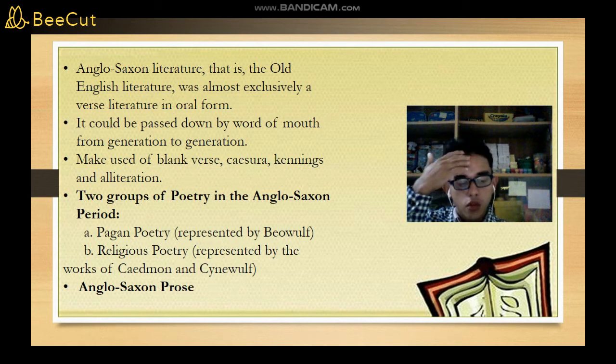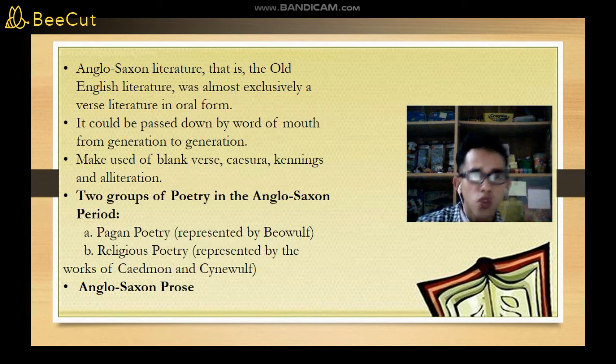During their times, they used it in order to avoid the presence of any end rhyme, which occurs from one line to another. Then they also make use of caesura. I don't know if you are familiar with caesura. Caesura means to take a breath or to take a pause in the middle of a particular line.